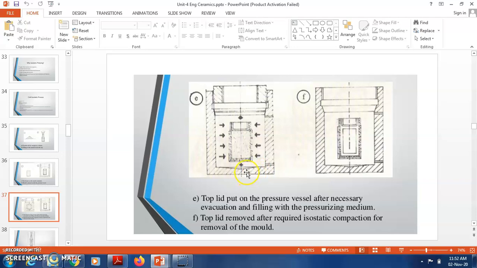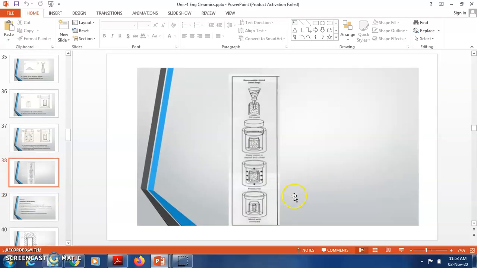After the top lid is put on the vessel, and after necessary evacuation and filling with the pressurizing medium, pressure is applied. After the required isostatic compaction, the top lid is removed. Here you can see the process, and then you can get the required shape.